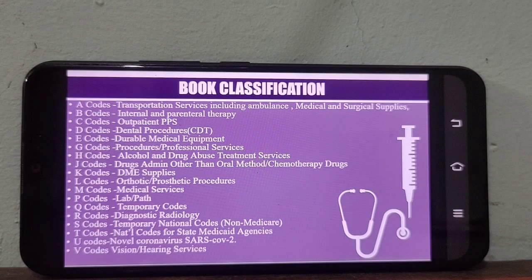Parenteral therapy codes are present in B. Outpatient services, that means the materials used during outpatient care, are present in C. Like that, based on the materials, the codes are categorized.